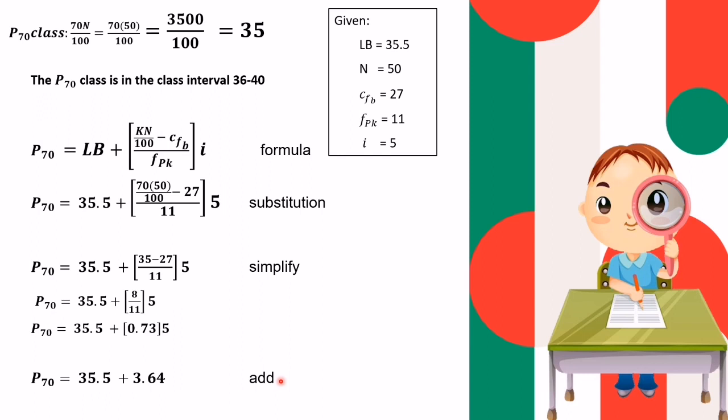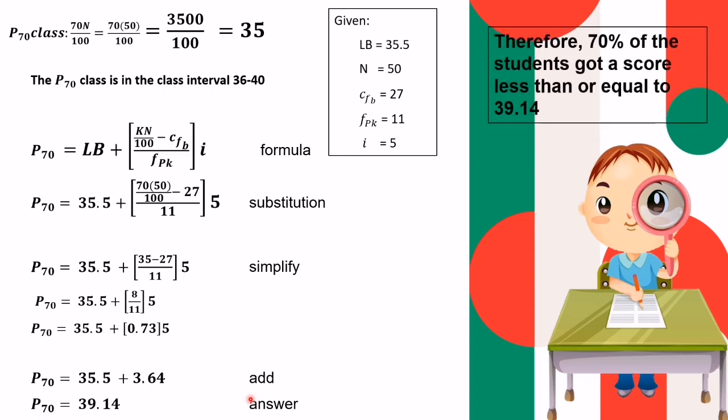Now, we can add these two. So 35.5 plus 3.64 is equal to 39.14. Very good. So therefore, 70% of the students got a score less than or equal to 39.14.